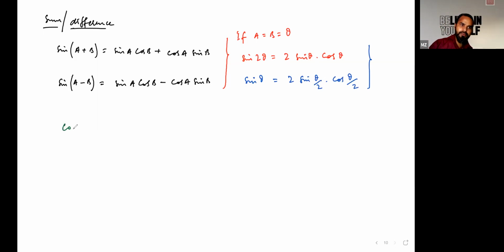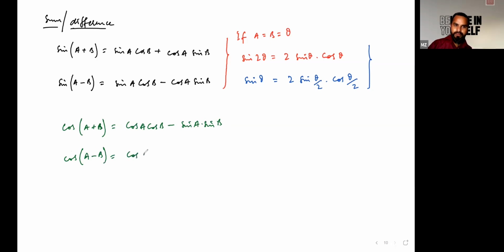Similarly, if you have cos of A plus B, it will be cos A cos B minus sine A sine B. If you have cos A minus B, it will give you cos A cos B plus sine A into sine B. Now, if suppose A is equal to B is equal to theta in this part, it will become cos of 2 theta.